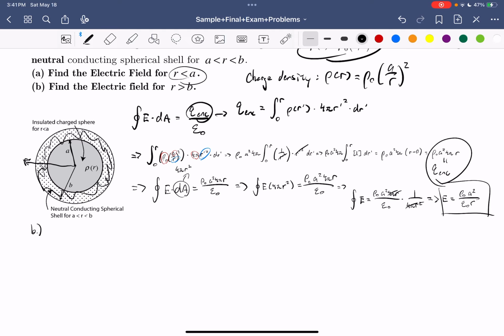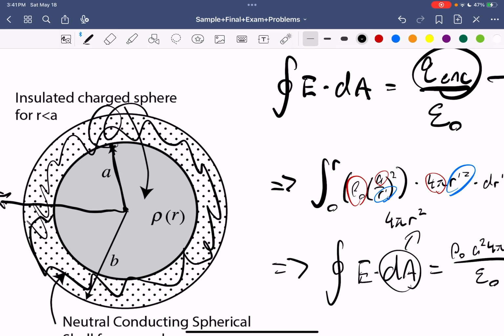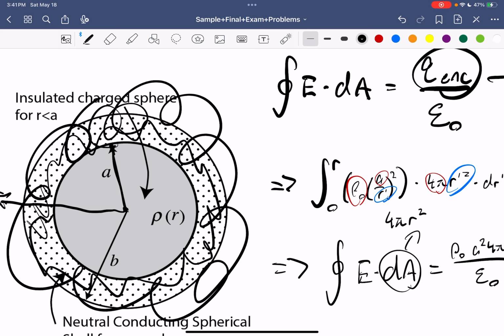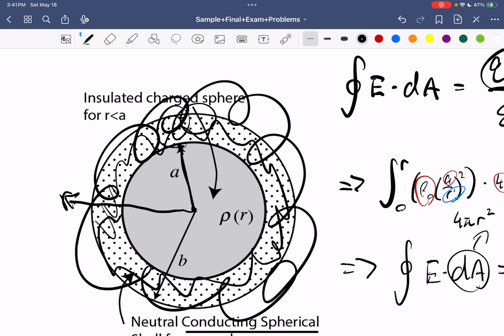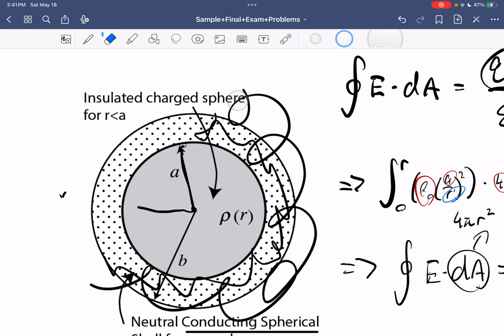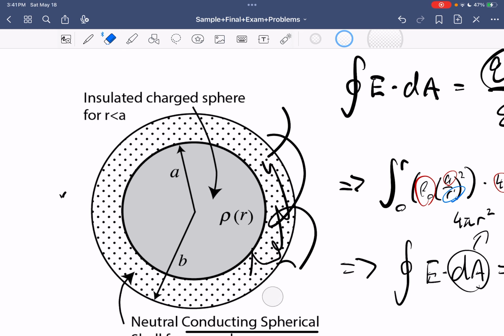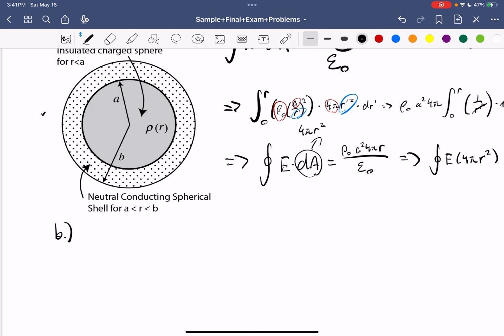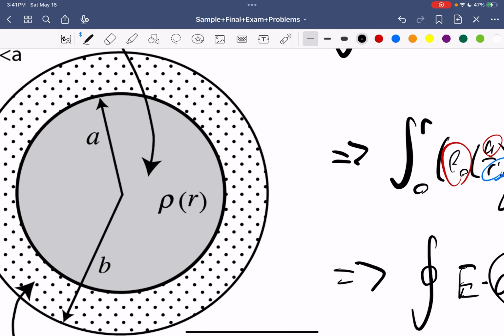That's it. Because everywhere else here, the E field equals 0. So all we need to do is take the charge from 0 to radius a right here.